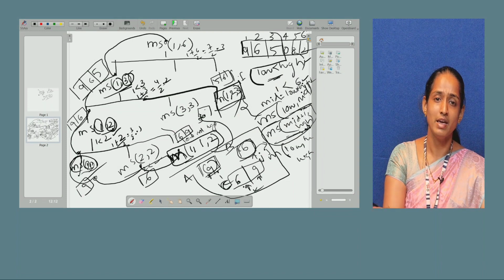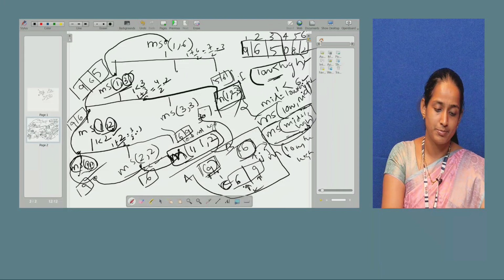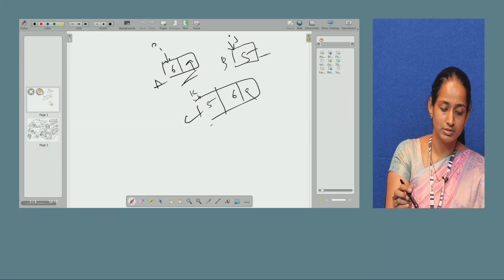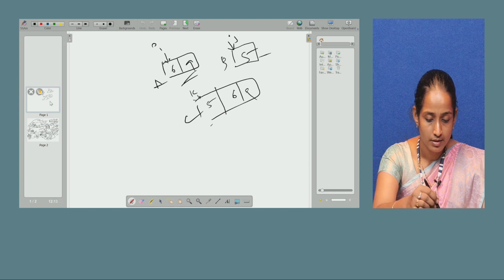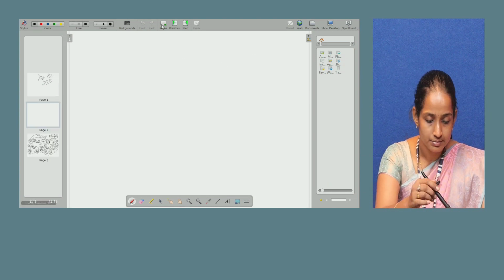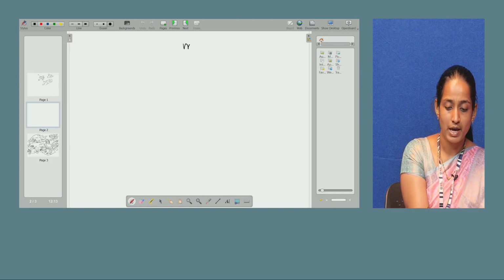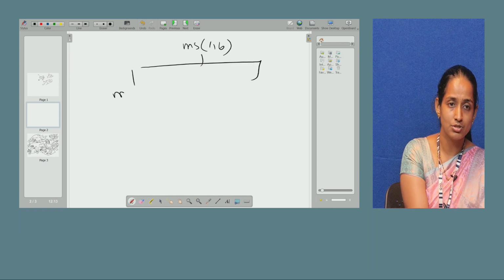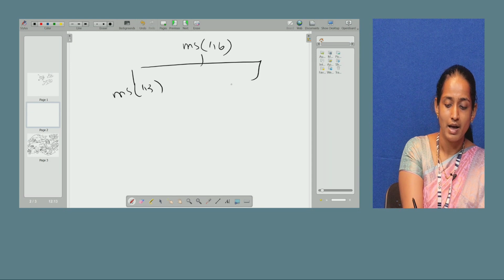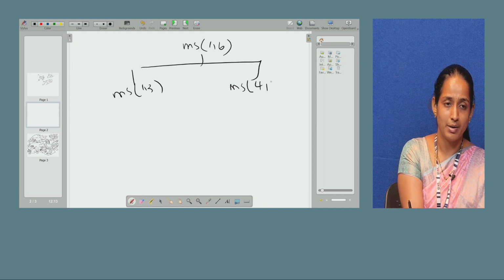In the same way, the right side part also will be expanded. That is, the right side part contains ms of mid plus 1, 4, 4, and the last element is 6. By the end of this merge process, ms of 1, 6 is divided into ms of 1, 3 and ms of 4, 6, right?